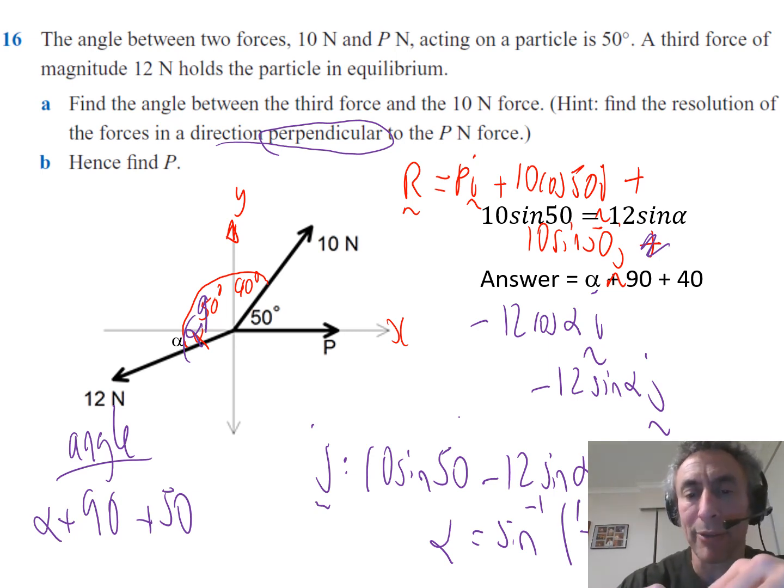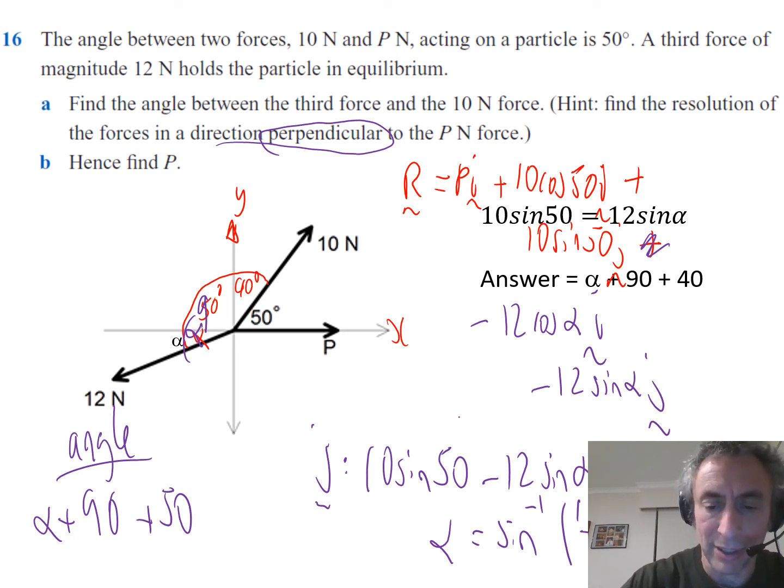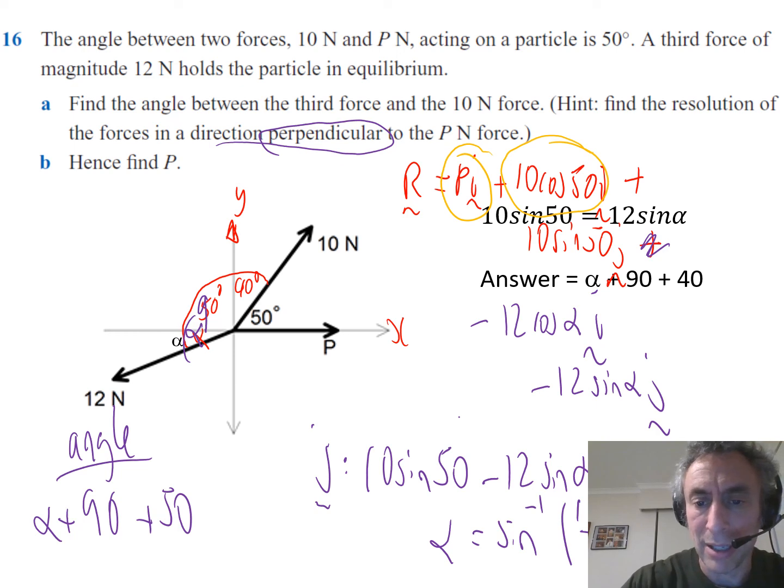Okay, now what will be the magnitude? Now that we know alpha, we can resolve things in the i direction. So let me just get a different color for our i direction. So P plus 10 cos 50 minus 12 cos alpha will also be equal to 0. And from there, we're able to work out what P is.